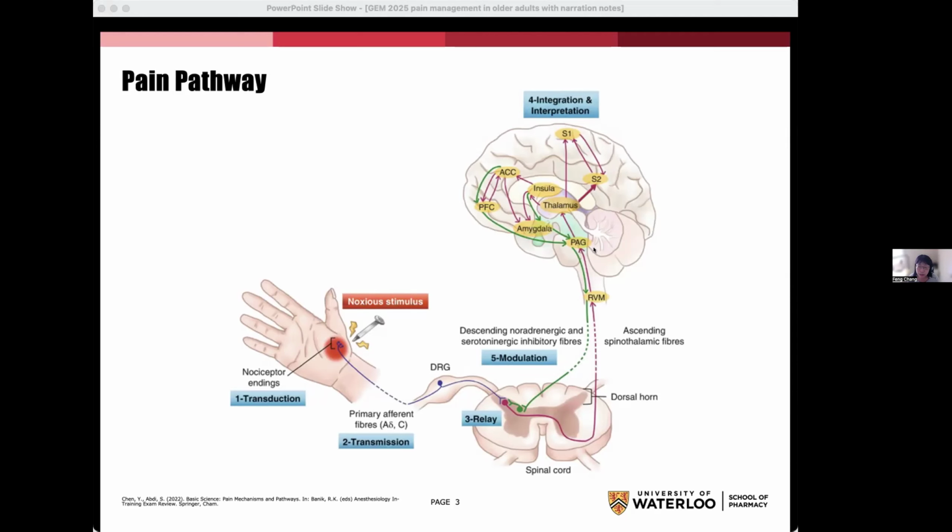And this is where the pain is perceived, and a lot of the modulation will take place. Modulation can help to inhibit pain transmission, so the response to the pain that the person experiences. And this modulation can also happen in the dorsal horn. So pain can be modified, as I mentioned, by various things like our memory, life experiences, emotions, etc.